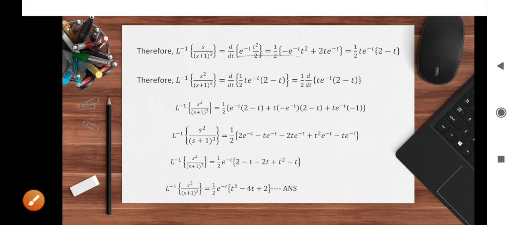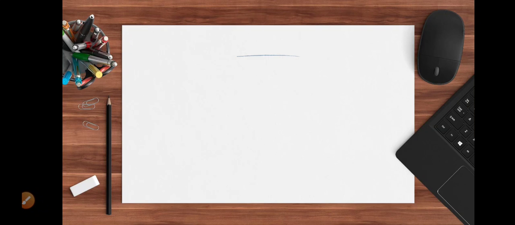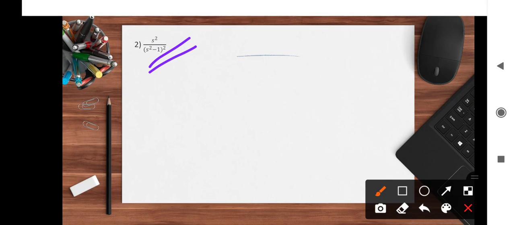Now this is a very simple example. Now there are 2 types of examples in this method. Just now we have seen type 1 example. Now the second one is somewhat different and it requires another method as an assistant method to get the final answer. So now here you may observe s square upon (s square minus 1) bracket square.